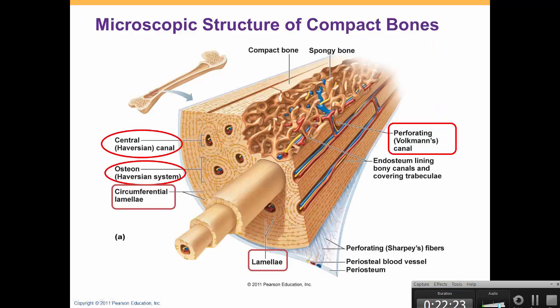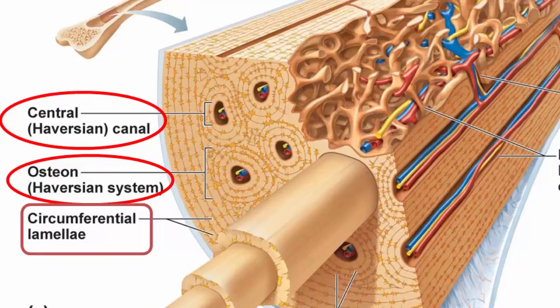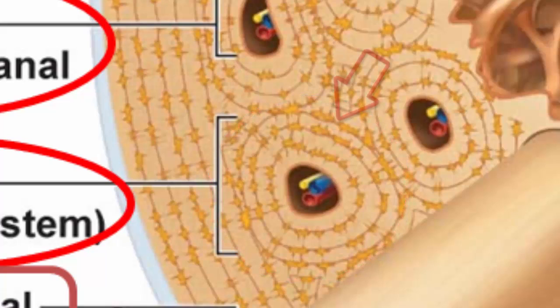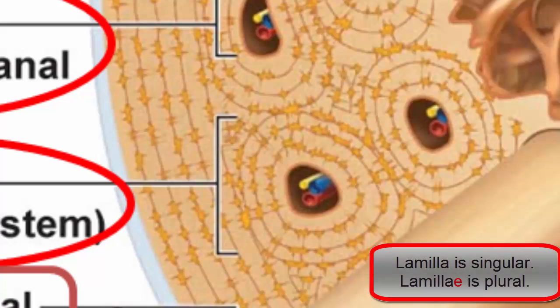So the bone has some kind of organization that's different from all other tissues. We have what's called an osteon. Osteon is basically the basic unit of the bone, and as you can see, osteon is made of these circles. We call them lamellae. So these circles are called lamellae, and inside these circles there is a hole.